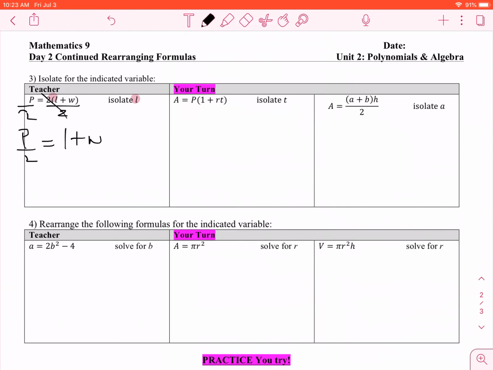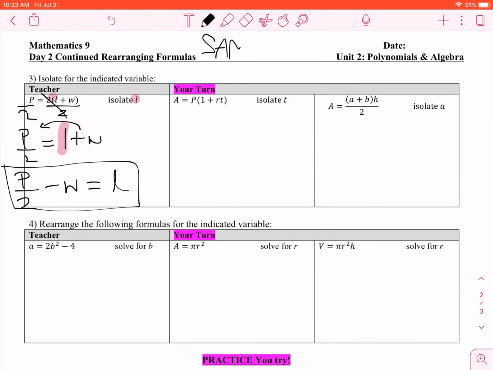Okay, now if I want to still isolate for L, I'm going to move over that plus W to the left side. So I should have P over 2 minus W is equal to L. So again, we dealt with actually the division part first. Now you might say, well, Miss, why didn't you deal with the addition part first? But the addition was in brackets, and you know in SAMDEB, brackets is last, right, or near the end.